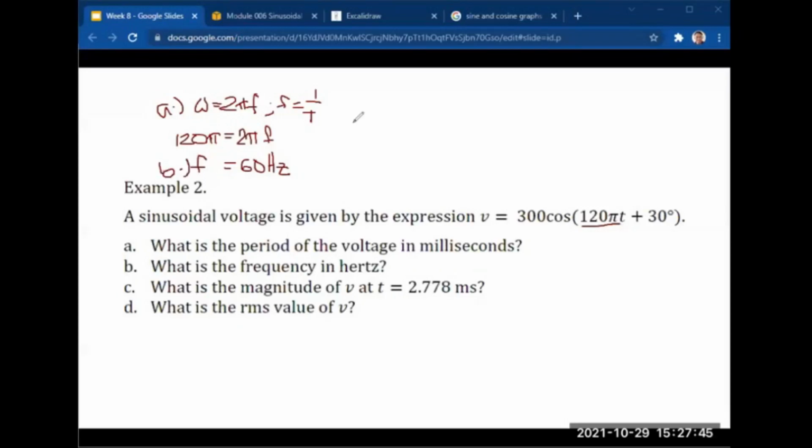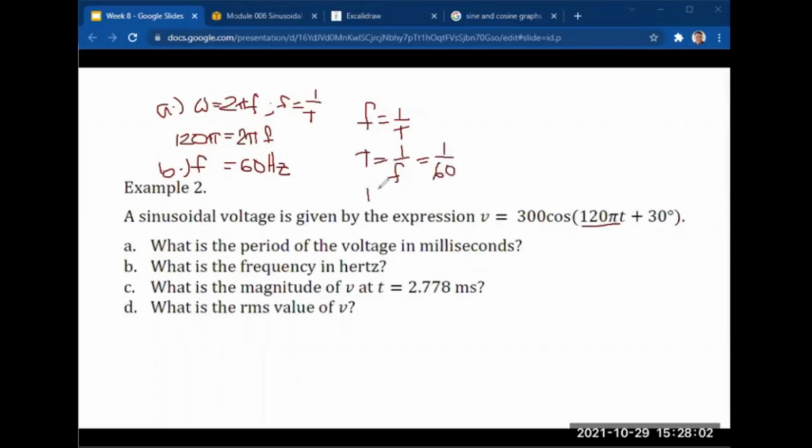So for letter A, f is 1 over T. Using transposition, T is equal to 1 over f, and f is equal to 60.